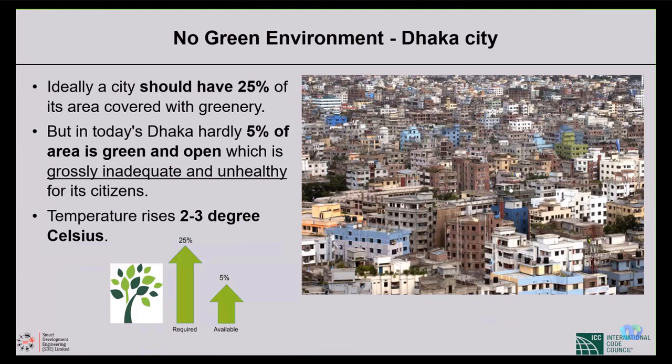Then we're talking about green space, livable space. One of the things we found is that 25% green space is needed for a healthy environment for a city. But unfortunately, in Dhaka it is now 5%. This is grossly inadequate, an unhealthy situation.